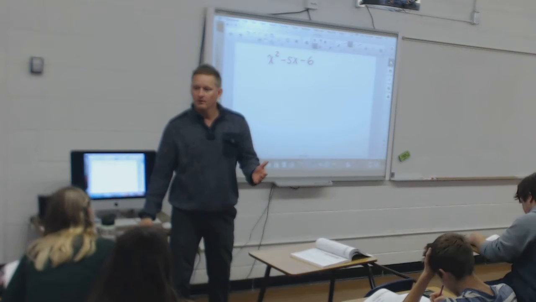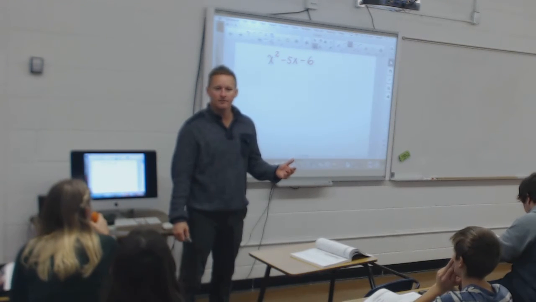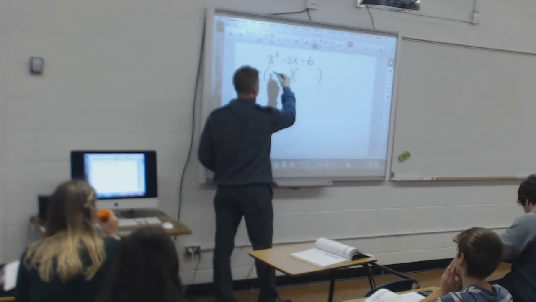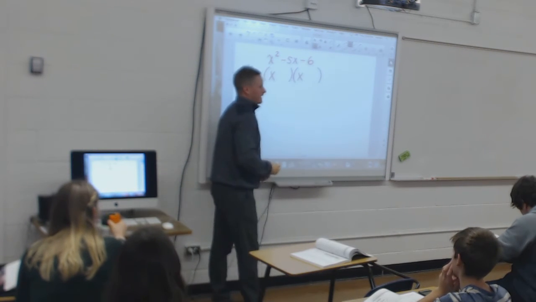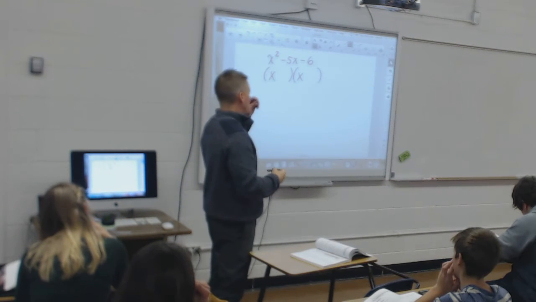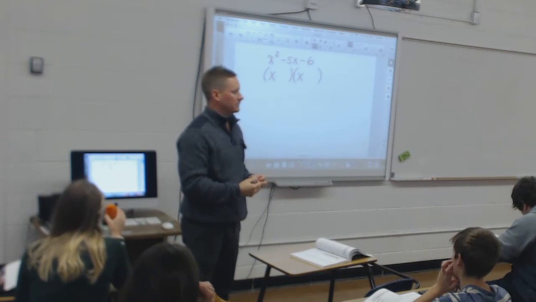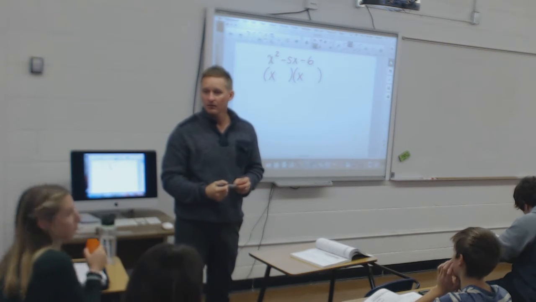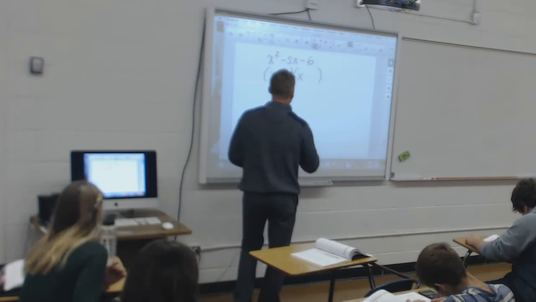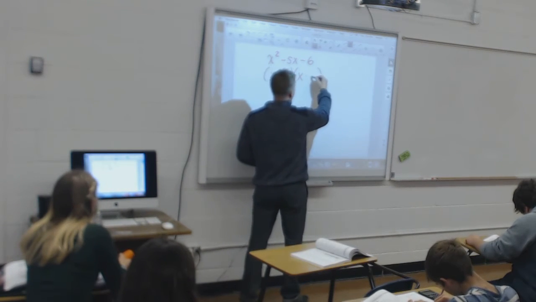Okay, so can I put two sets of brackets here? Yes. What are the factors of x squared? x and x. What are the factors of negative 6 that add to give me negative 5? 1 and negative 6.